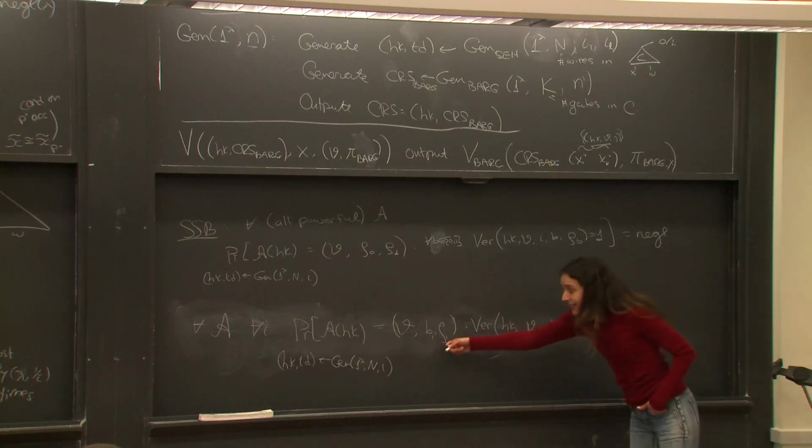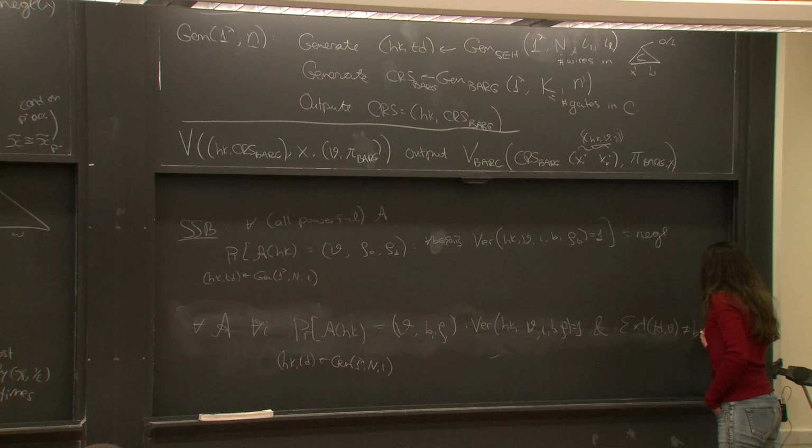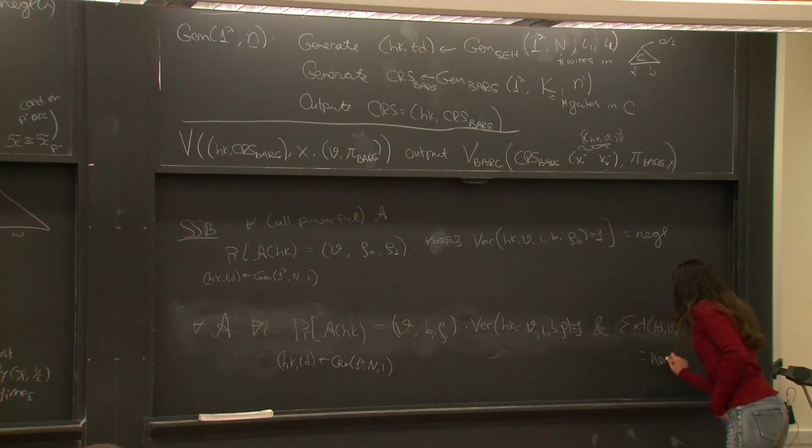So the probability that this accepts but the extract output is not B_I is negligible.